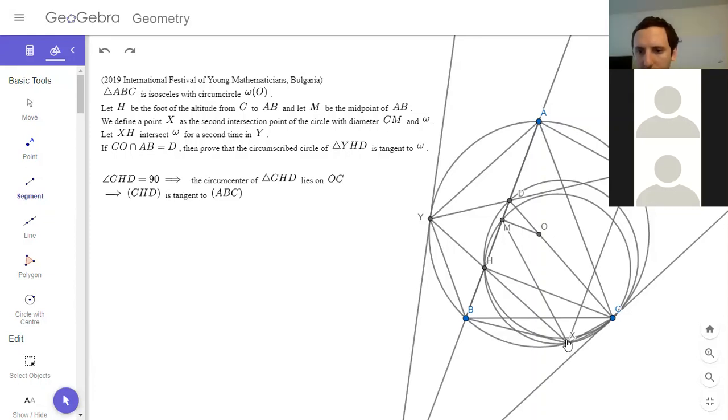X seems like the natural choice. I mean, we want to show XB, XH, XC, and XA is harmonic. Is there something else we can project onto?